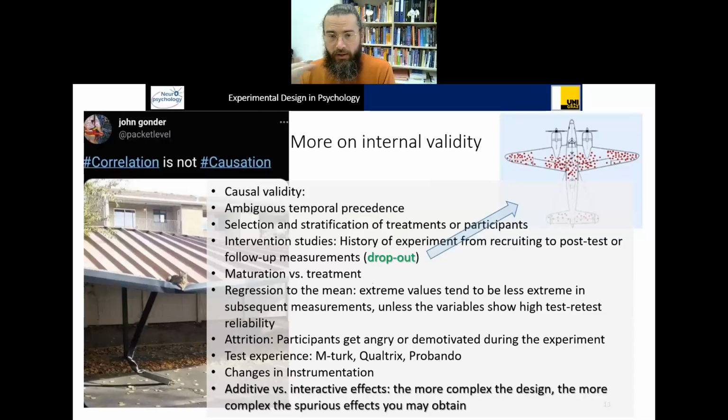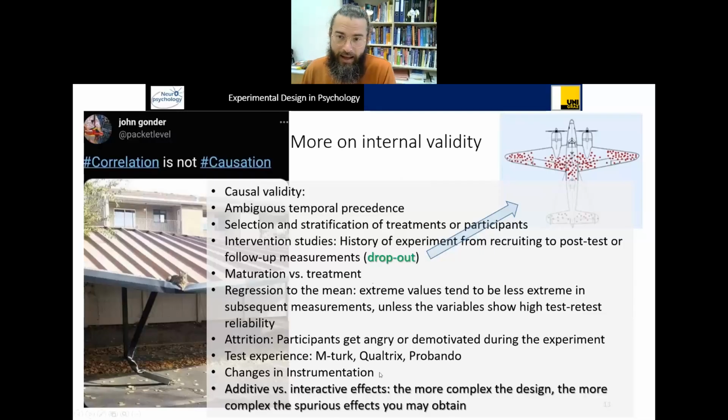So never be naive regarding the ability of your participants to understand what you actually are measuring. It's never a trivial aspect of design to address.